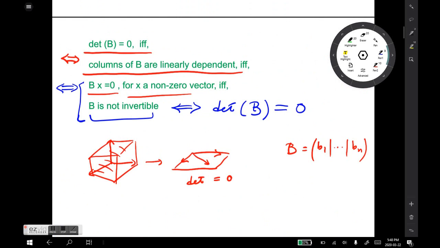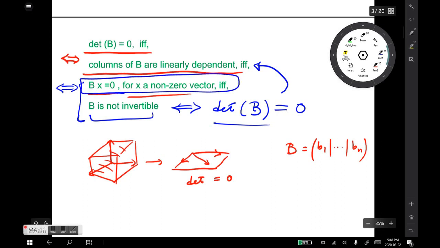If B is non-invertible, then there is an element in the kernel. We can also go this way: if B is not invertible, the determinant is equal to 0, so the columns are linearly dependent, and then there is one non-zero element in the kernel of B. So we have actually proved every relation between these.